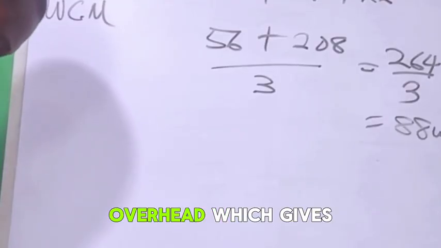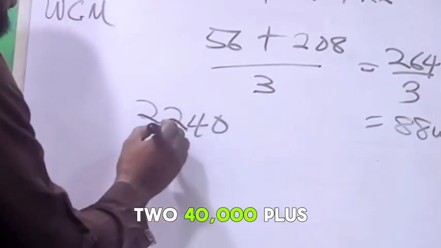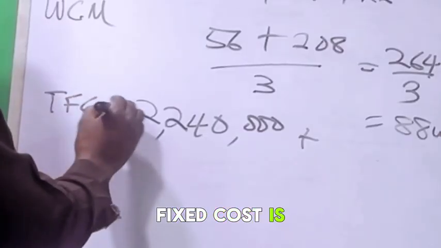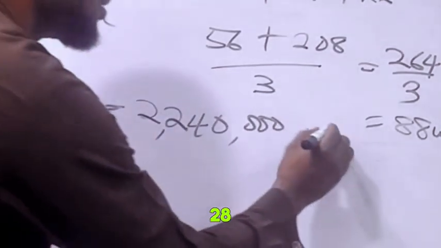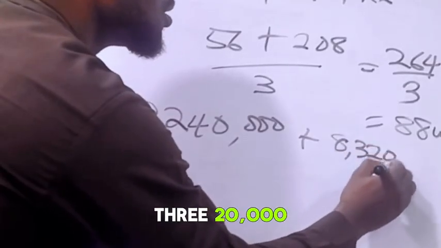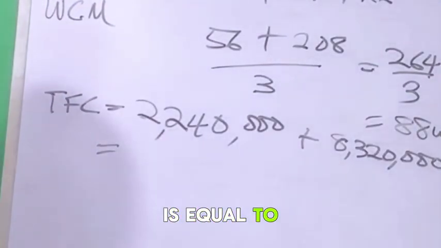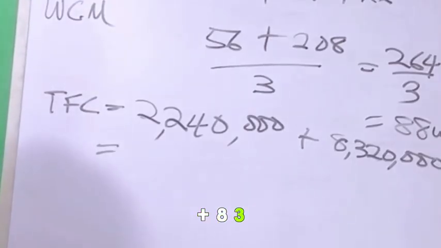We have fixed overhead, which gives us a total of 2,240,000, plus 8,320,000. So total fixed cost is equal to 2,240,000 plus 8,320,000.